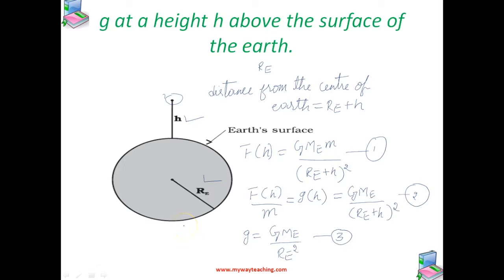For h less than re, we can expand the RHS of equation 2. If you consider a height which is less than re, then we can expand the RHS of this equation, that is g of h is equal to g me by re plus h the whole square.